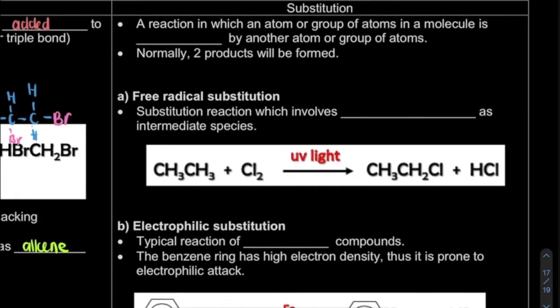So next kita tengok adalah substitution, in which an atom is substituted ataupun kita kata replaced by another atom or group of atoms. Okay, substitution ni ada 3 jenis. So let's look at the first one, free radical ni. Miss senang buat jadi expanded lah supaya kamu nampak.